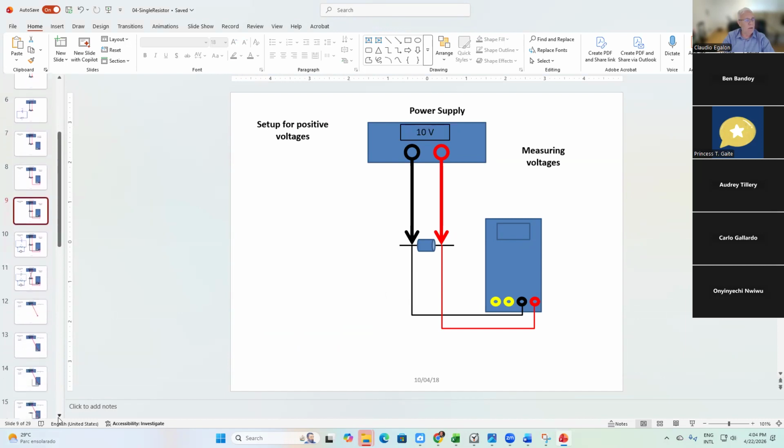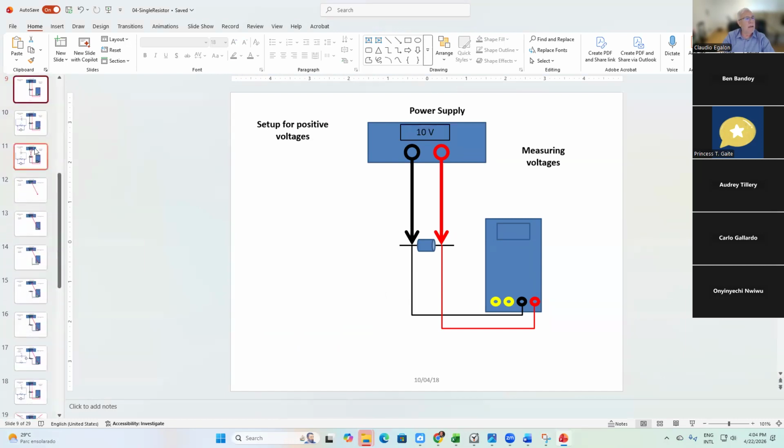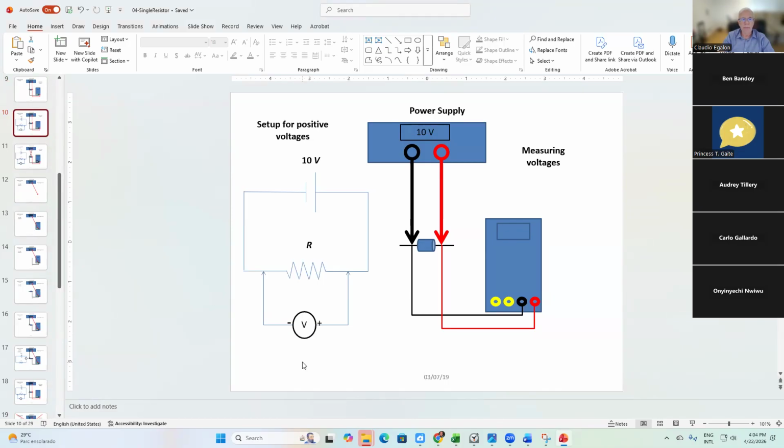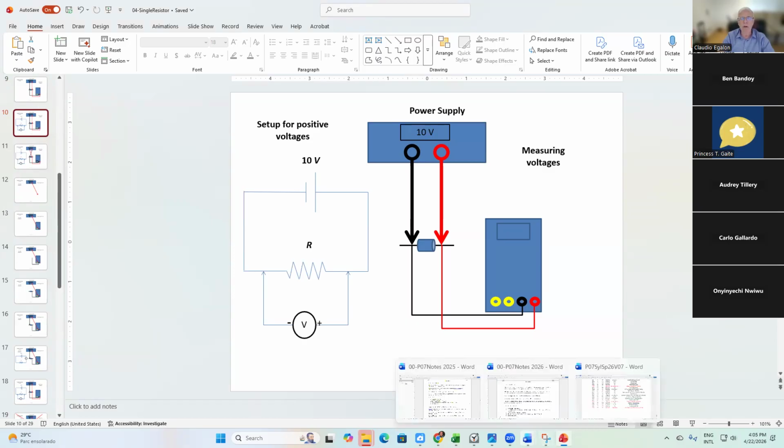Not exactly, but close enough. Here is the circuit diagram. Voltmeter. Okay. And we are measuring only the voltage for now. It is always easier to measure the voltage than the current.